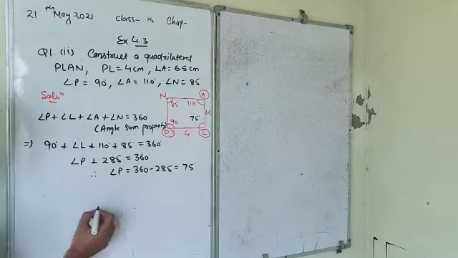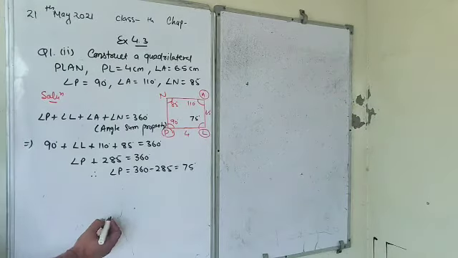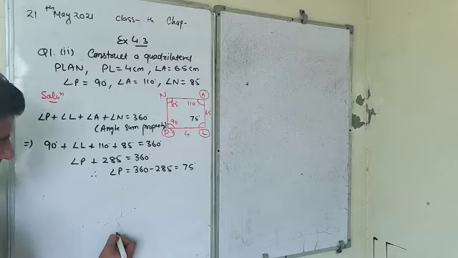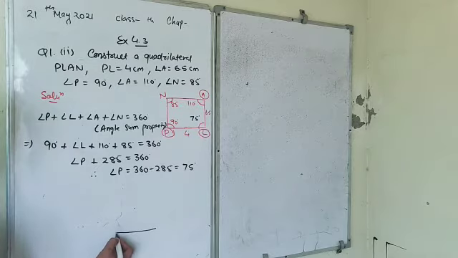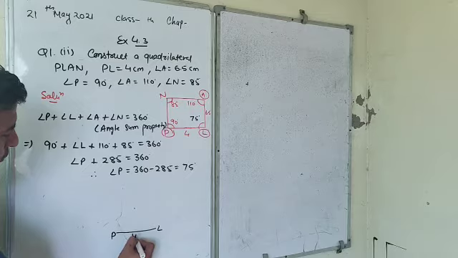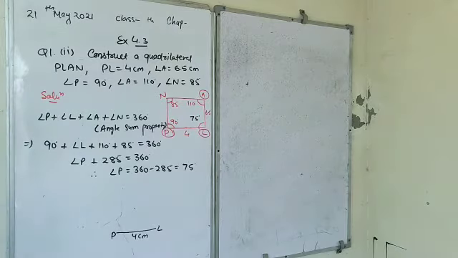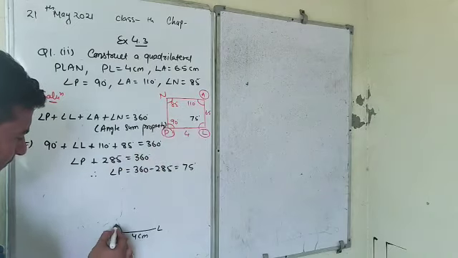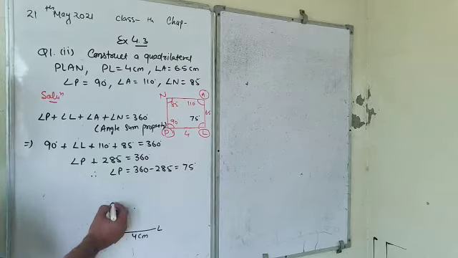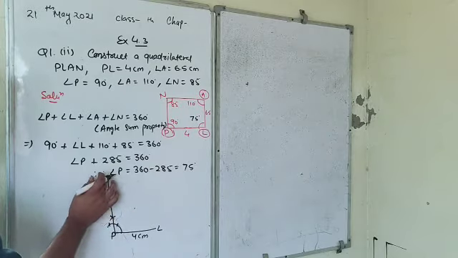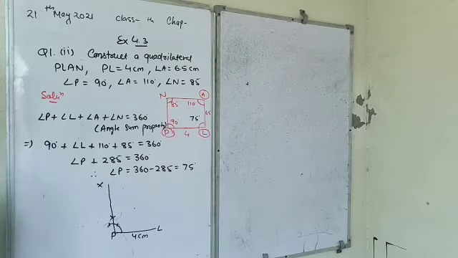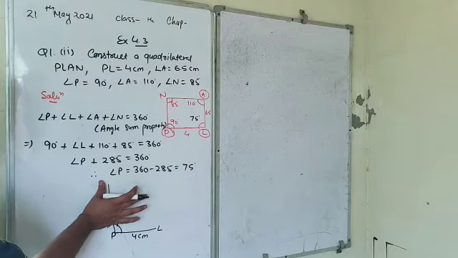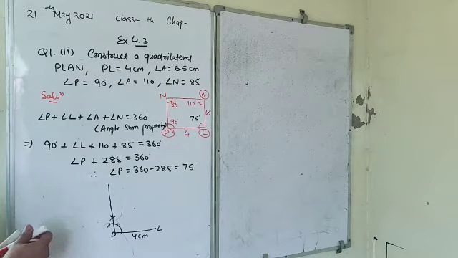Now let us construct. First of all, we have to draw a line PL of 4 centimeter. At P, we will make an angle of 90 degree along PX.